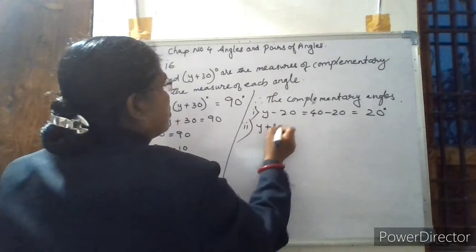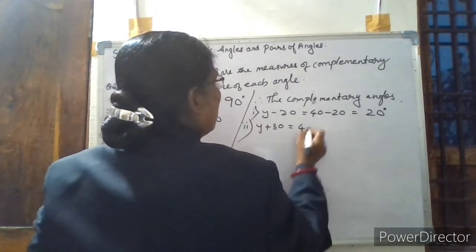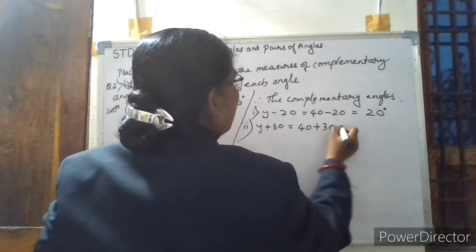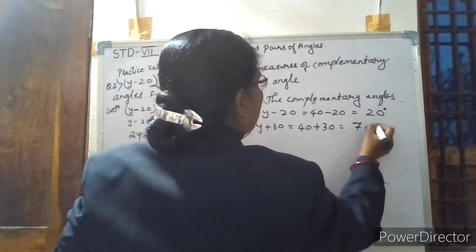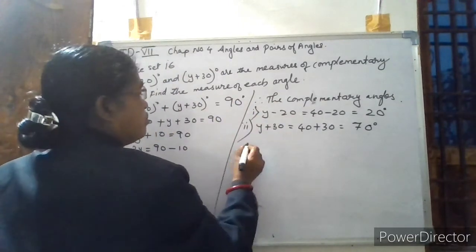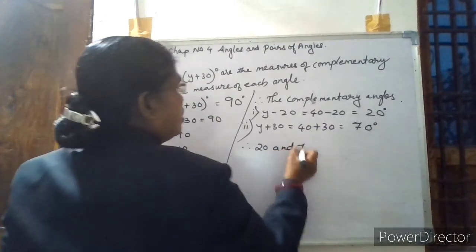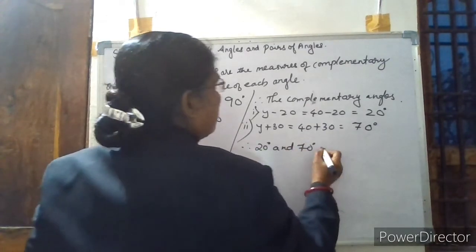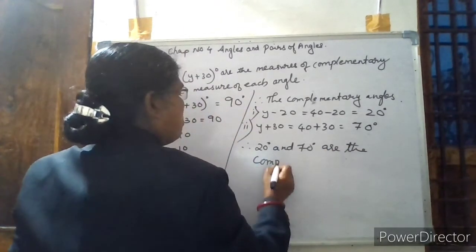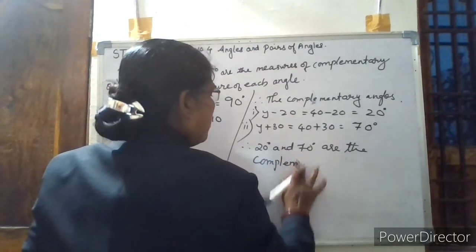As y is 40 degrees, 40 plus 30 is equal to 70 degrees. So 20 plus 70 is equal to 90. Therefore, 20 degrees and 70 degrees are the complementary angles.